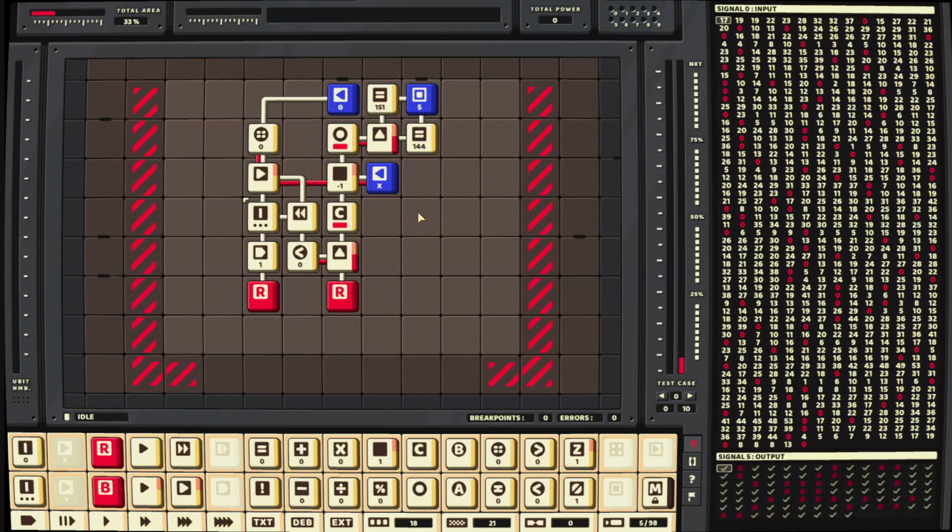But I kind of need it because the distance from here to here is so far. And I'm not sure how I would make it shorter. Because I need a conveyor and a colorizer and this thing in a way. I don't know. I mean, I'm happy enough with that solution.